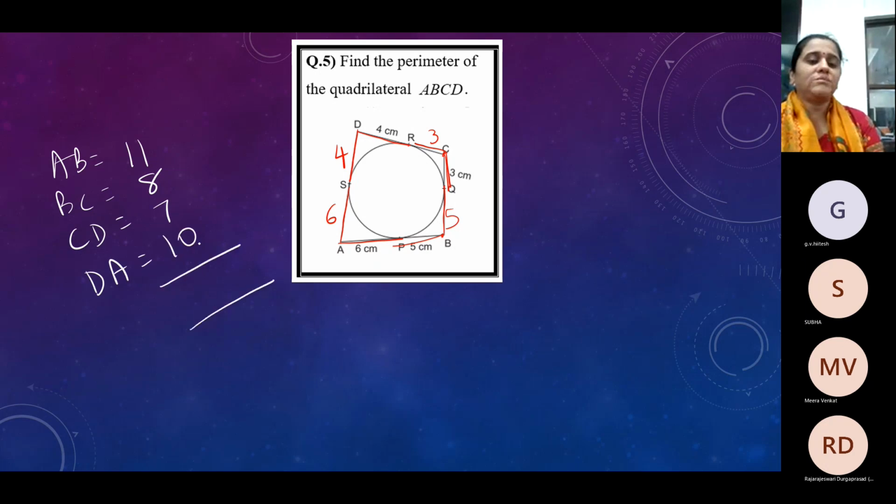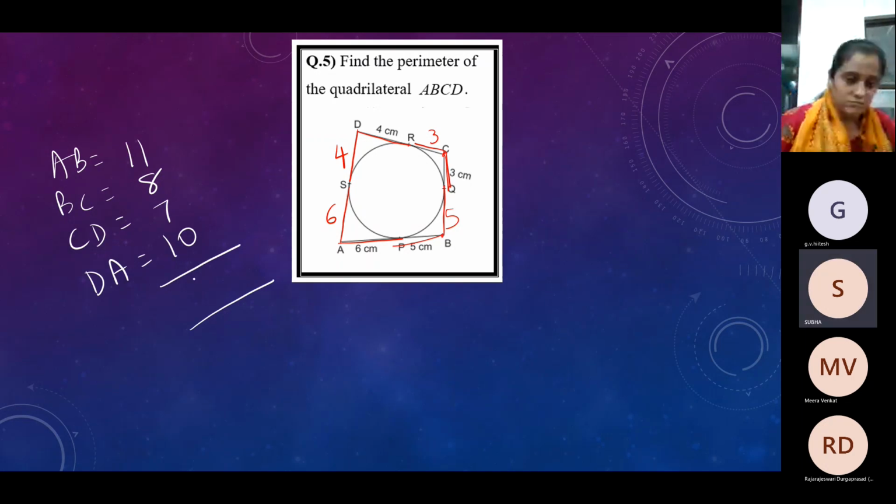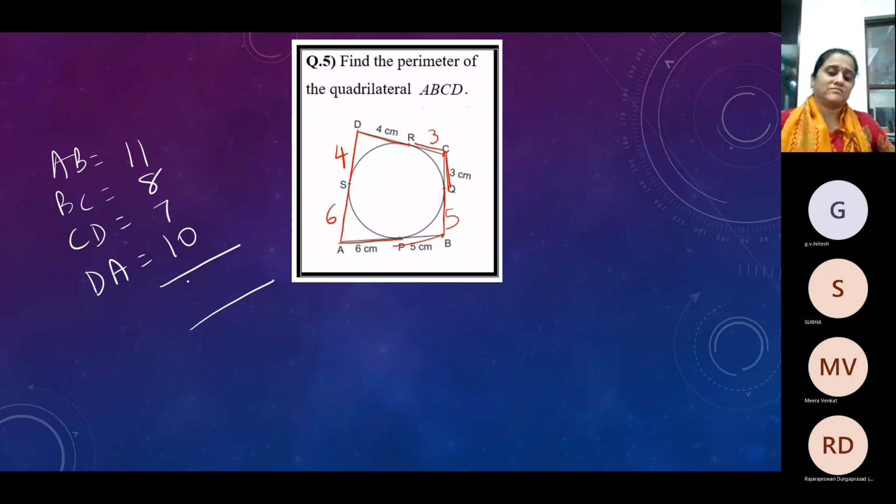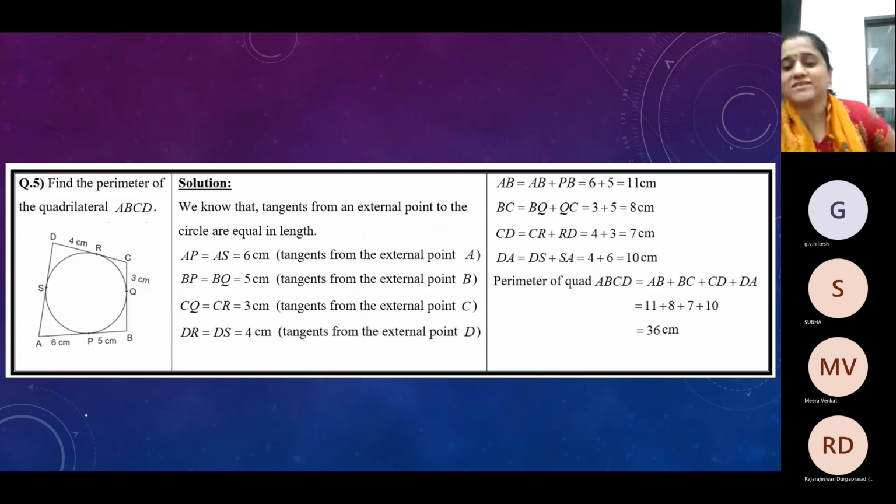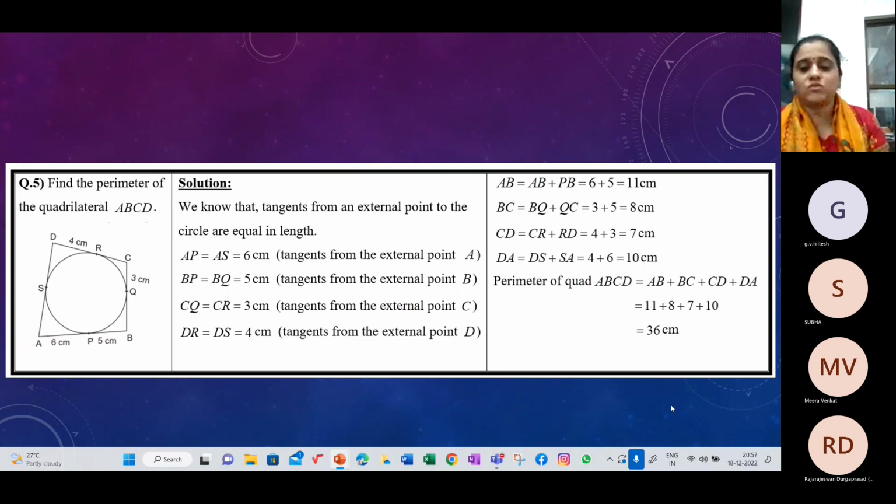Now what's the perimeter? 11, 8, 7, 10. 36 centimeter. Very good. That's what I've explained here.